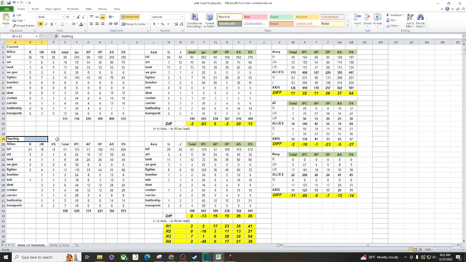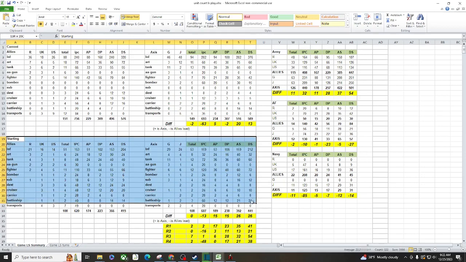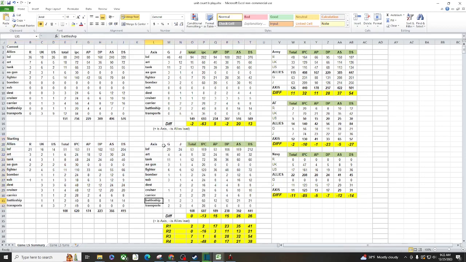But this is the starting units at the start of the game. This is what everybody starts with: Russia, UK, US, Germany, Japan. So this part never changed. This is my starting reference point.